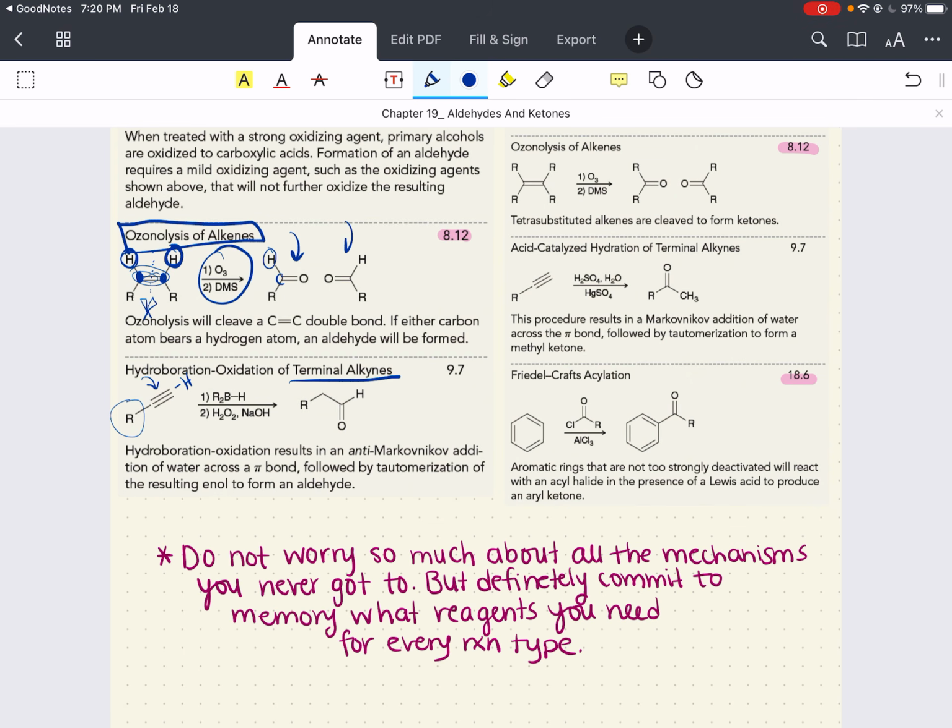This is followed by tautomerization of the resulting enol to form an aldehyde. Don't worry, we're going to refresh on tautomerization later on. But just remember, hydroboration oxidation of terminal alkenes, using these reagents, can result in an aldehyde.